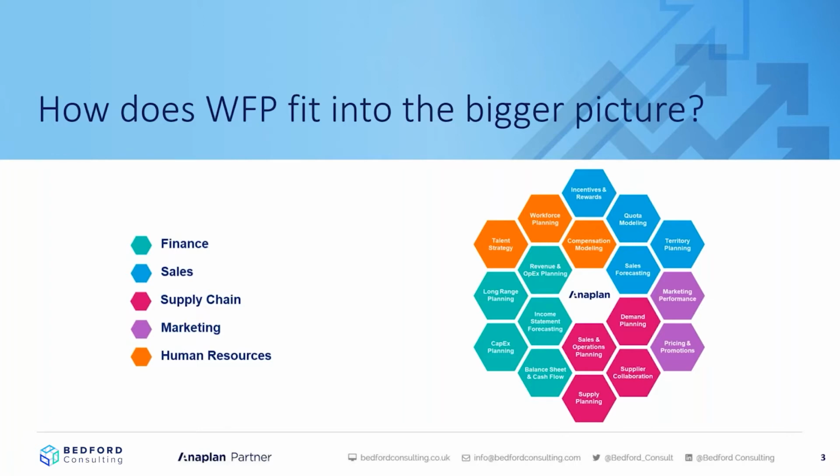All, of course, potentially rolling up into your employee costs or your sales forecasting. So as an overview, workforce planning, because of course it is centered around people, links to pretty much every single function within an organization. And this is why Anaplan is such a good solution, because Anaplan enables you to plan across all functions in an organization.